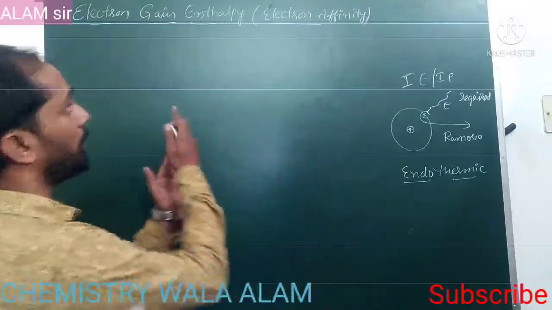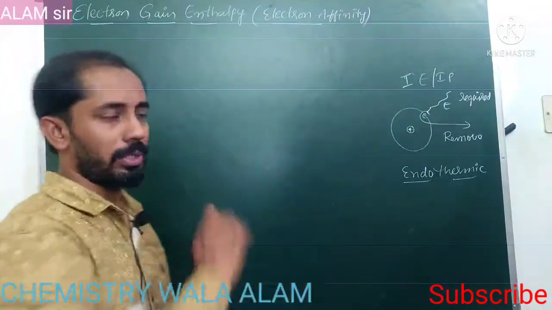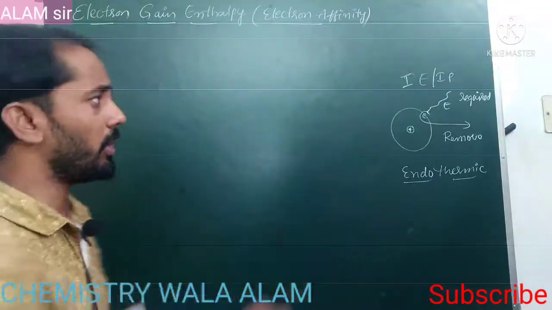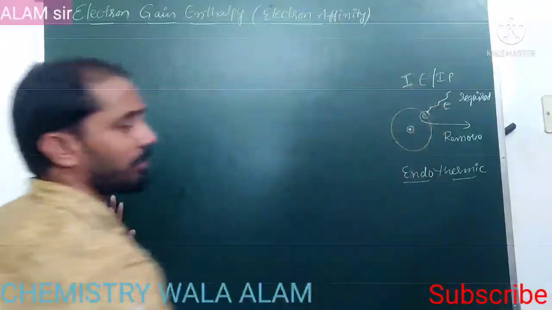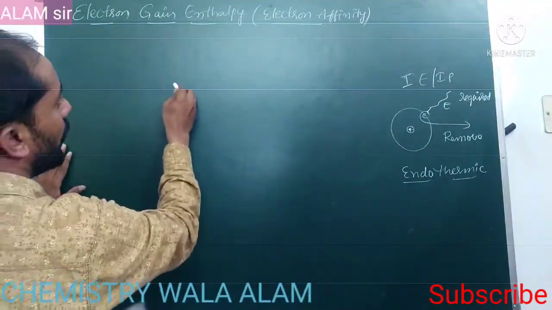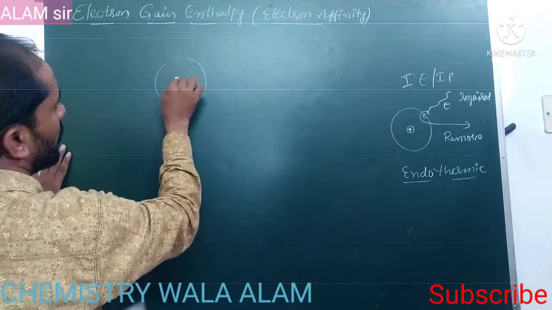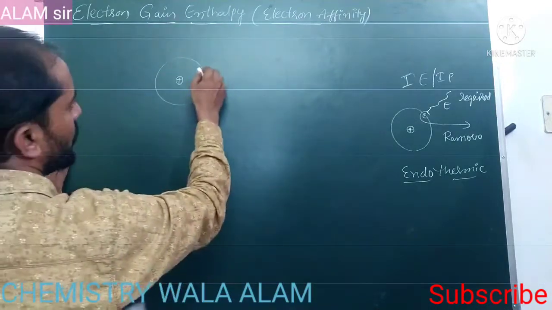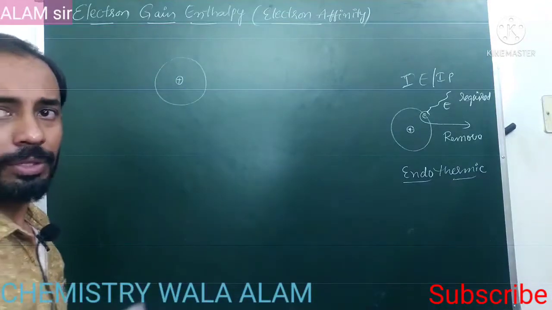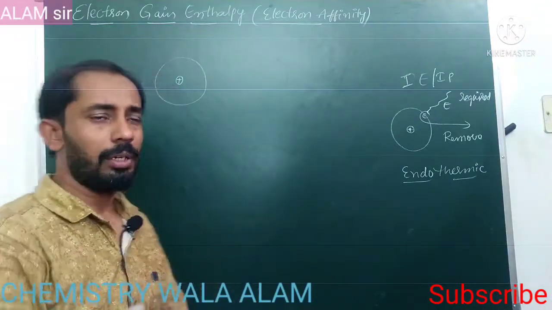Coming to electron affinity, the definition is quite opposite. Energy is required in the case of ionization energy, but in electron affinity, or electron gain enthalpy, the atom has a nucleus with shells around it, which may be 1, 2, 3 and so on.